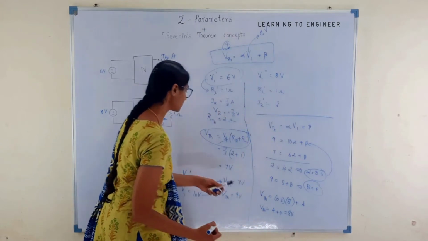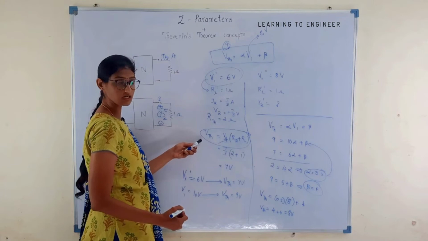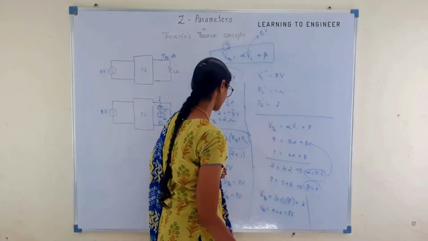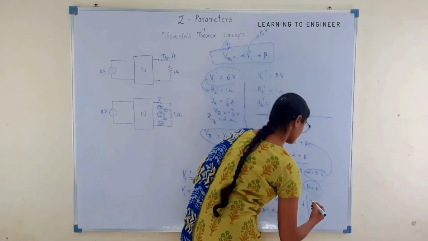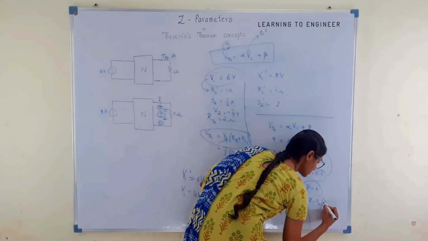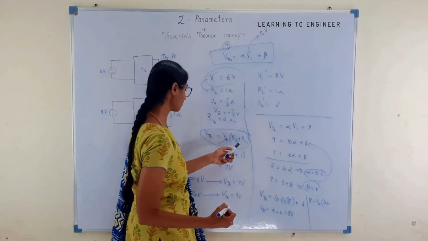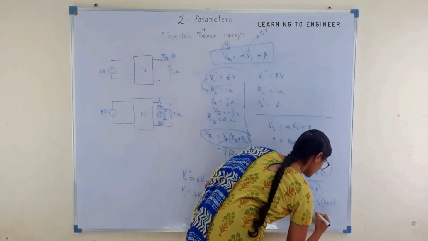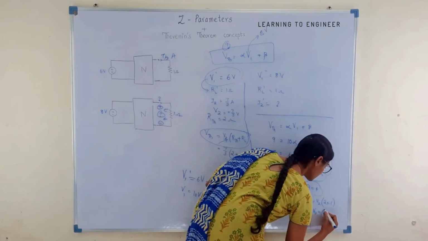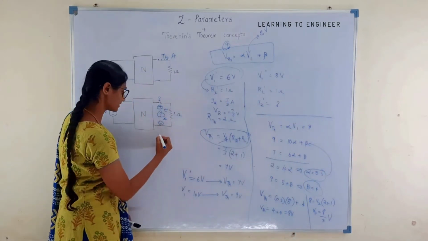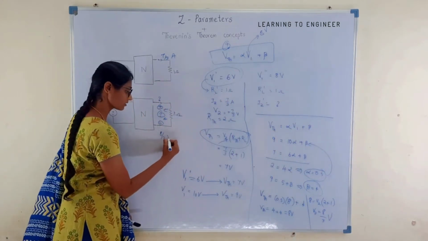When VTH is 8 volt, let us substitute VTH here. We will be getting 8 is equal to V2 into RTH is 2 ohm, plus RL is 1 ohm. So what is V2? V2 is equal to 8 by 3 volt. This voltage is 8 by 3 volt.